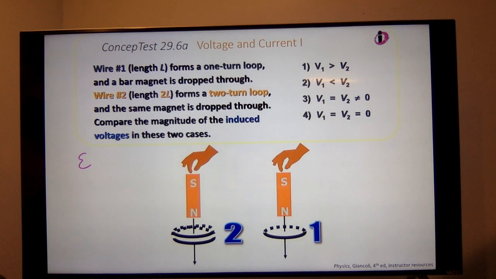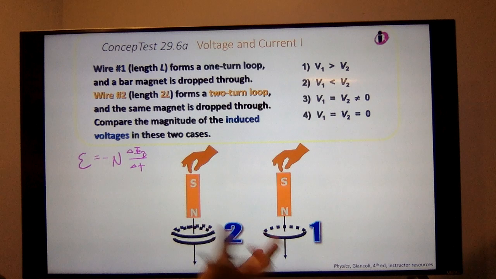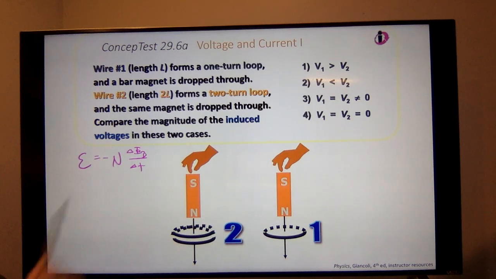If we look at Faraday's law, it equals minus N delta flux over delta t. Well, in this particular case, keep in mind, the flux is going to change in the same way just because I have the same magnet that's falling the same distance, etc. It's N that's changing. So this one has, we could say, 2 times the potential difference it's created, and this one is just the regular induced voltage.